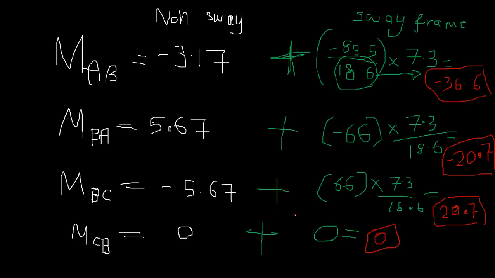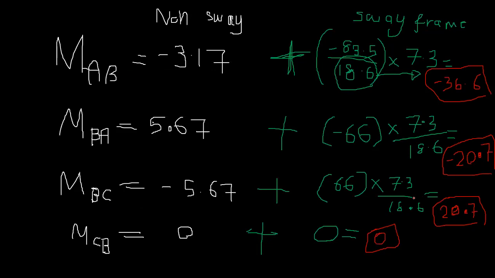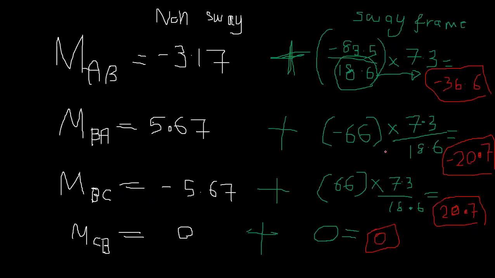So you can just draw this, right? So this is minus 36.6. So I'll apply an anti-clockwise bending moment like this. This is also anti-clockwise. This is clockwise. So that value is 20.7.